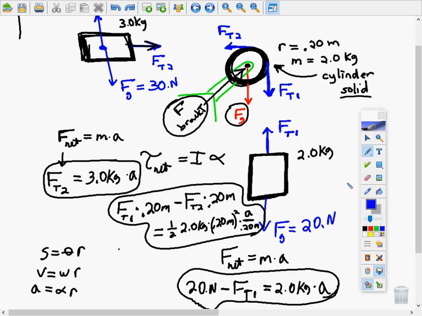All right, how's everyone still feeling? So we're solving this system of equations. We're using Newton's second law, F net equals ma, and second law rotation style, net torque equals I alpha, to solve for 3 unknowns: the acceleration of the system and the 2 tension forces. What I did was copy these 3 equations with the 3 unknowns.